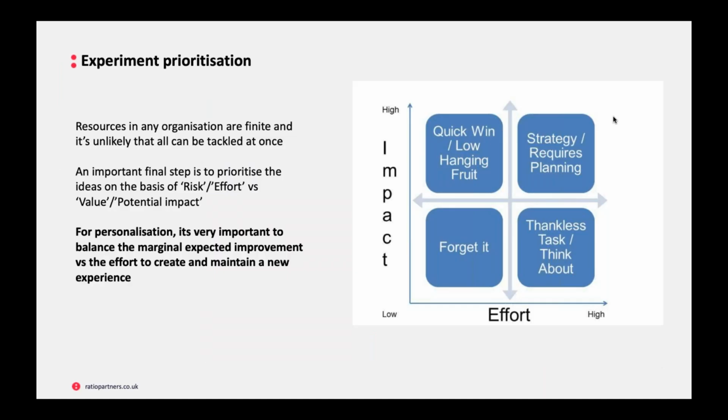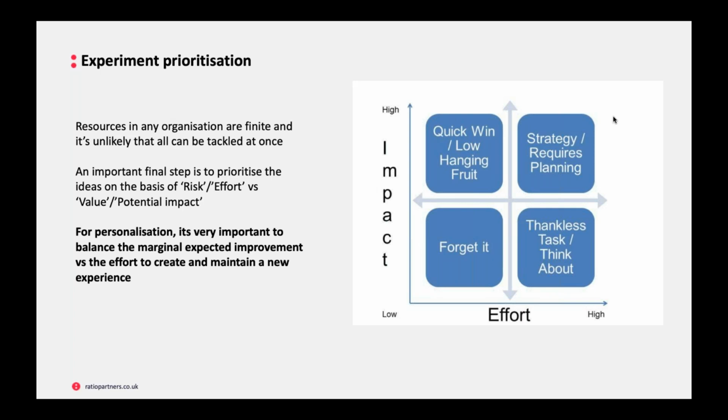But where should you prioritize your efforts? Where should you focus your efforts? We tend to say that as an organization, if you're looking to build out your personalization POC, you want to focus your efforts on areas that have the greatest impact with the least amount of effort from yourselves.